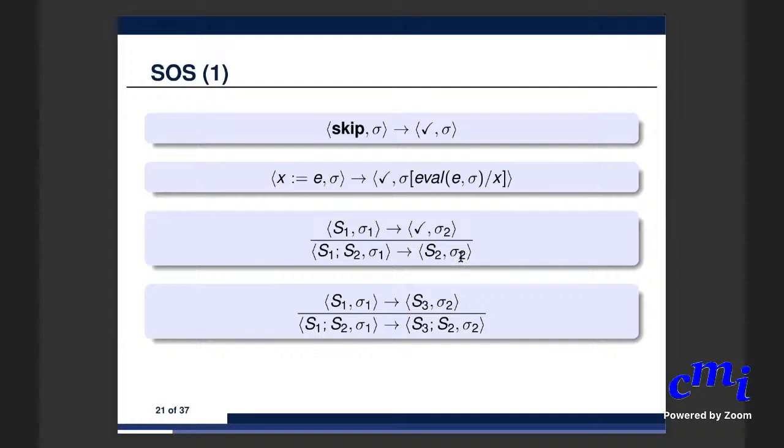So assuming that thing, then this will happen. That's how you have to read it. This is the general schema for any inference rule.